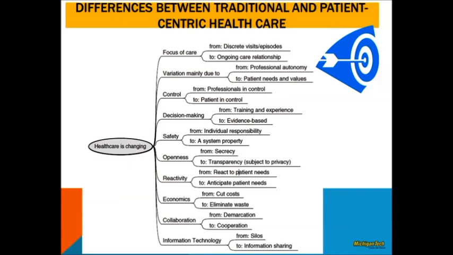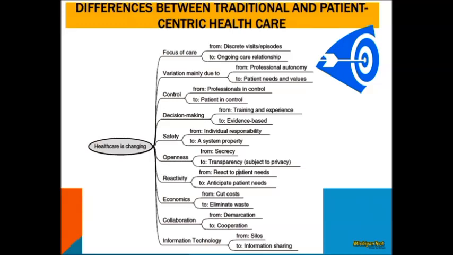Also, in the past, the doctor was the major role, but now we need to consider the patient's needs and values. For example, in diabetes, the person wants to eat some special foods. If the patient does not agree with you, you have to give him another idea. Some patients like this food, some patients like that food. If the doctor says you just like this food, that's not enough.